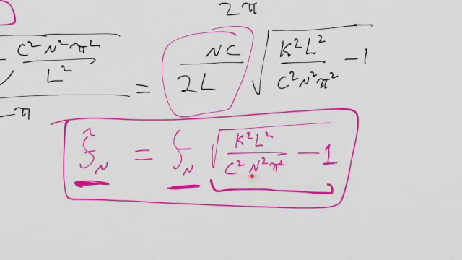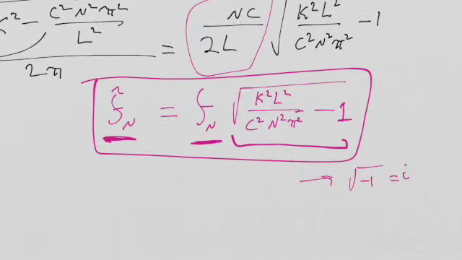So as the harmonics go up, this term goes to 0, and this whole thing tends towards the square root of minus 1, which is i. That means that for the highest harmonics, the frequency of oscillation in the damped case approaches i times the frequency of oscillation in the undamped case.